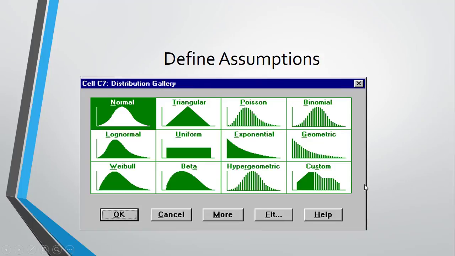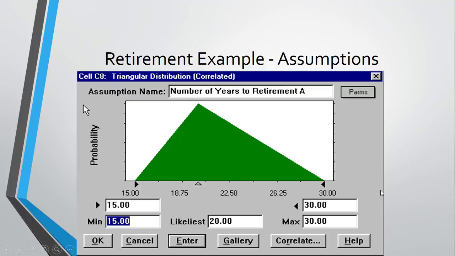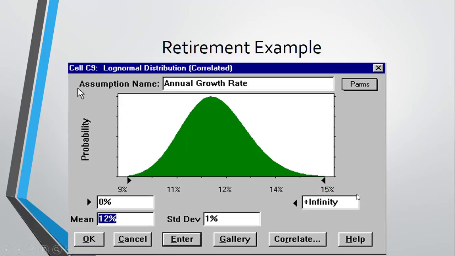You can define that in the system. And as to the number of years to retire, you could take 30 years, or you could be retiring in 15 years. That could have a triangular distribution, for example. You factor that into your calculation.